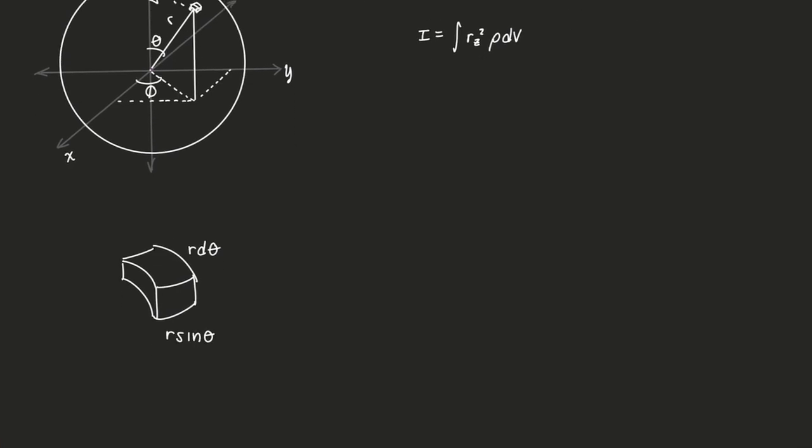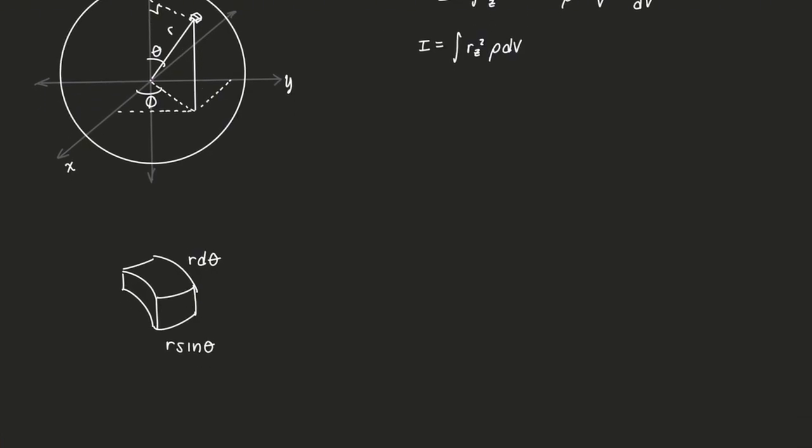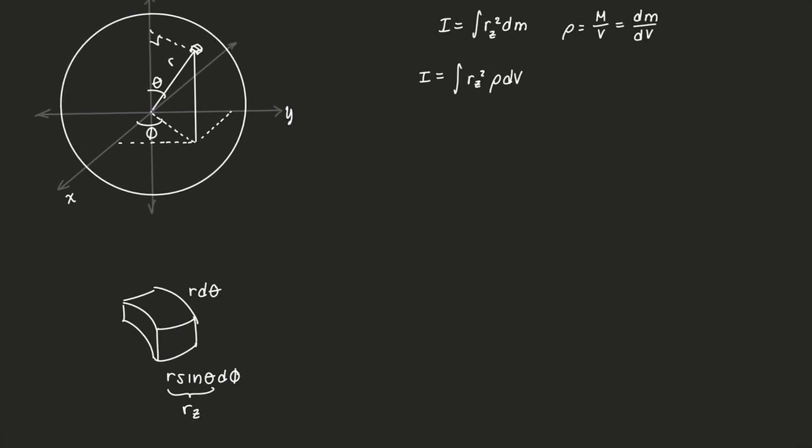And that's just because our r is the hypotenuse and our length is the opposite side from theta. So we have r sine theta, and then we have d phi because it's subtending a tiny angle in phi. And notice that this is the same thing as r sub z. So we can replace that in our original equation when we get the chance.